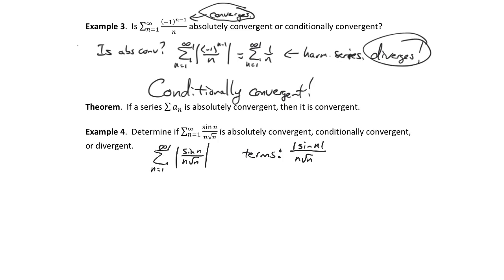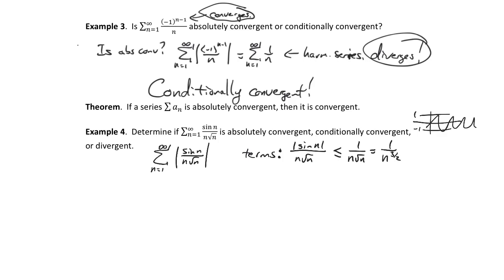And what I know here is that the sine of n, in absolute value, if I graph the sine, remember it goes something like this. Ooh, that was a horrible graph, but you know what I mean. It varies between positive 1 and negative 1. So in absolute value, this is going to be less than or equal to 1 over n radical n. Now that is 1 over n to the 3 halves.